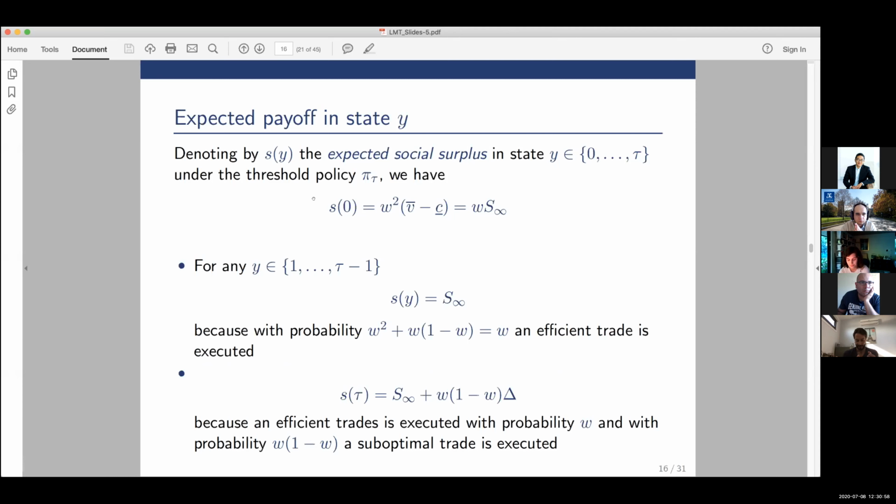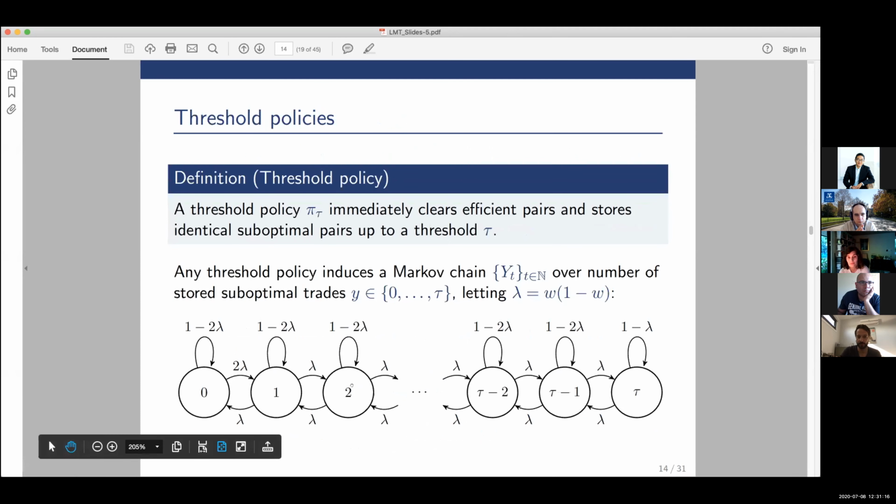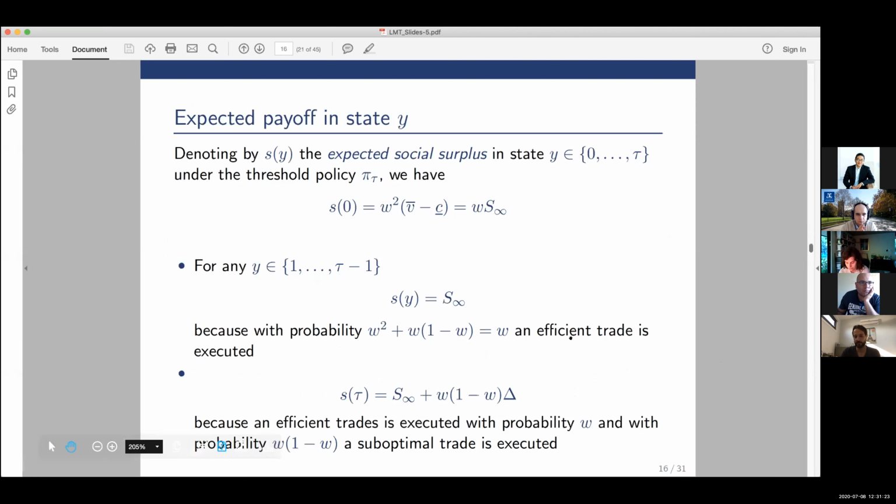And then in any state y, and I suppose once you think about it that way, it's not so surprising that the market thickness increases so fast. In any state y, where y is positive, as soon as you are in any of these states, you get at least S infinity. Why is this? Well, you only execute an efficient trade there, but what's the probability of having an efficient trade? Well, you have an efficient trade stored.